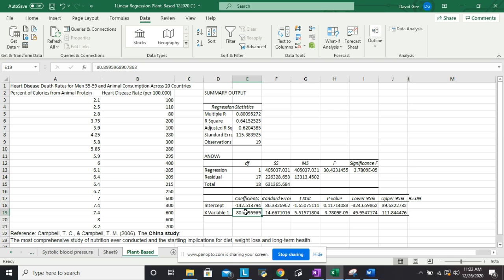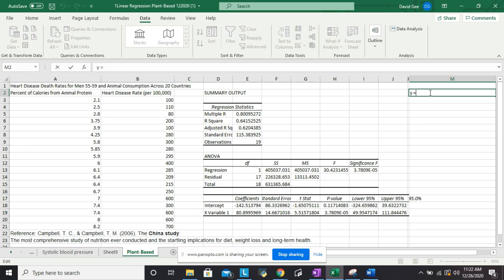This is a sample of a simple linear regression, so this would be y hat. I'm not going to write y hat in there because it's trickier in Excel, but I'll just write it as y. Then I take my slope, which is this amount, and I'll round to 2 decimal places.